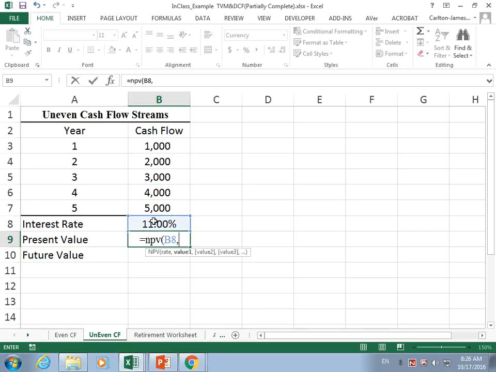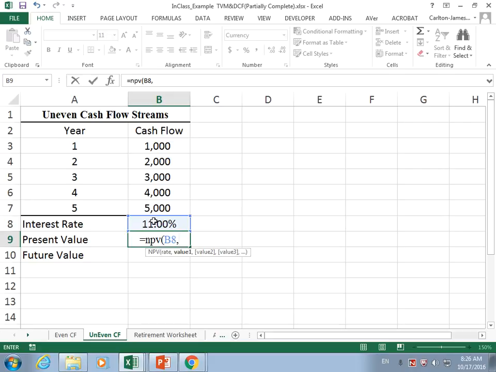With the NPV function, and this will become important when you are doing capital budgeting, the NPV function always assumes that the first cash flow happens in year one. And the second cash flow happens in year two, third cash flow happens in year three, and so on. But the first cash flow happens in year one.